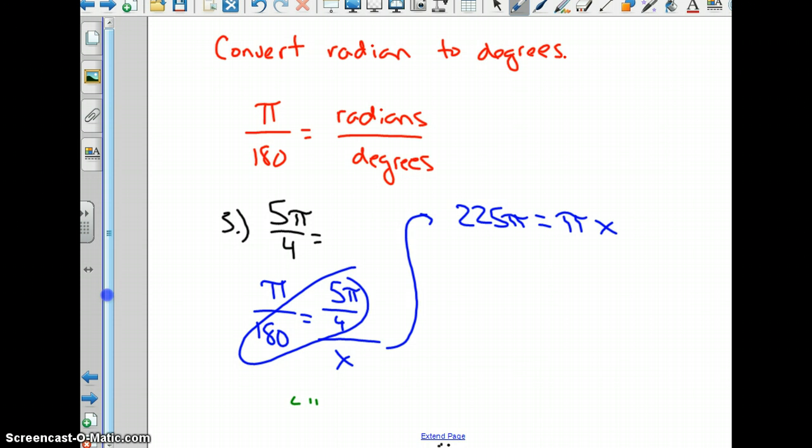So what we're actually solving for now, remember, is the x. So we're going to divide both sides by pi, and you end up with 225 equals x. So what is the degrees? Well, that's what we just solved for, 225 degrees.